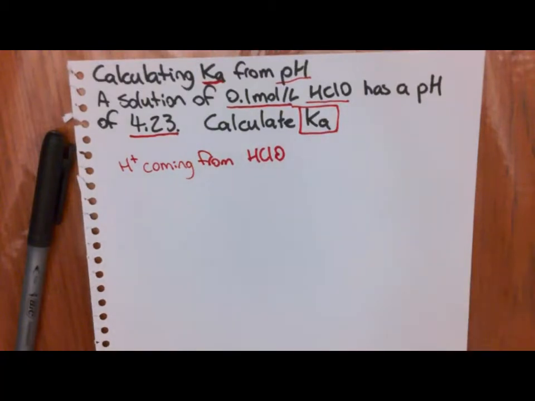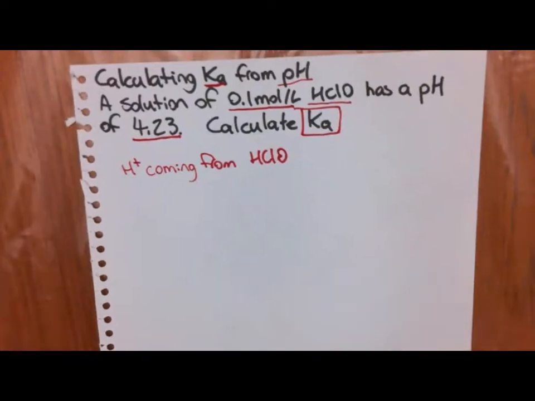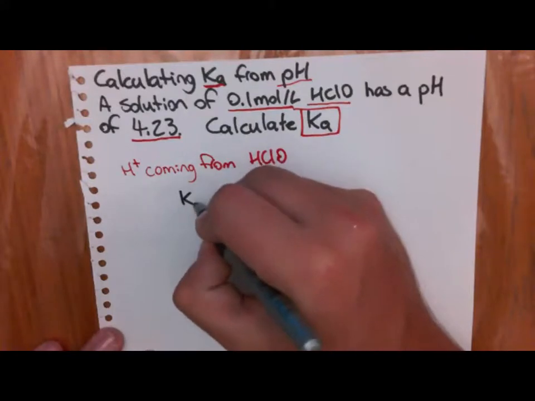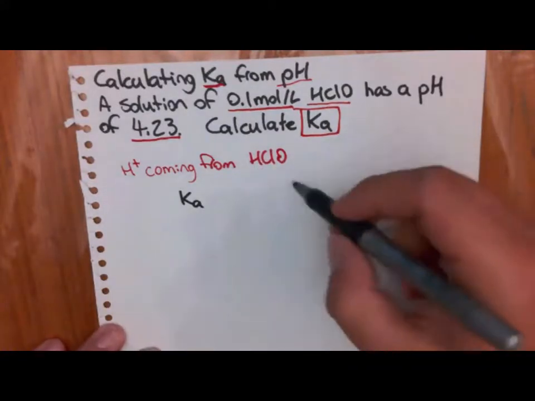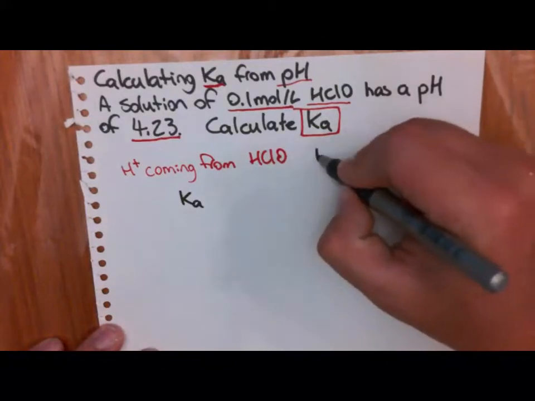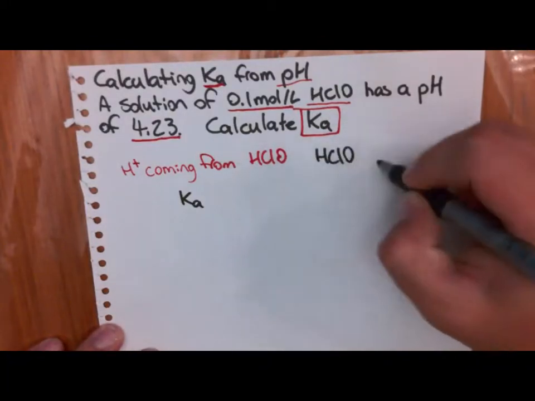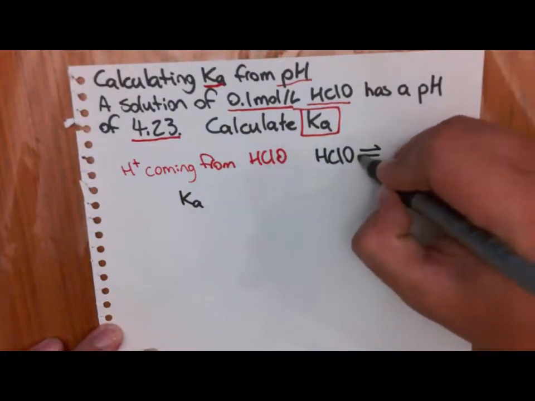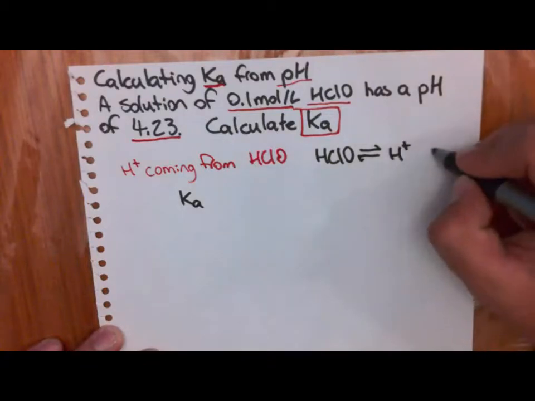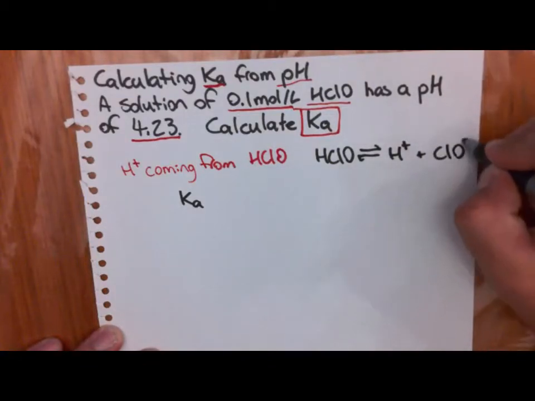So in order to do that, the very first step, as we have seen many times before, is simply writing out our Ka equation. Just like anything else, we have our reaction. We're going to have our HClO, and it is going to react in equilibrium to produce H plus ions and ClO minus ions.